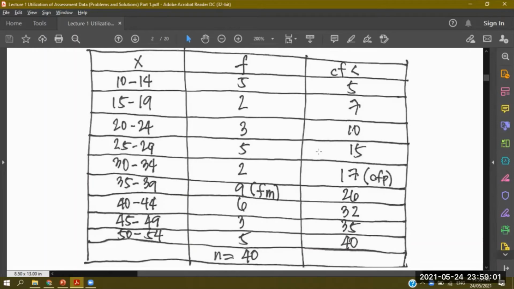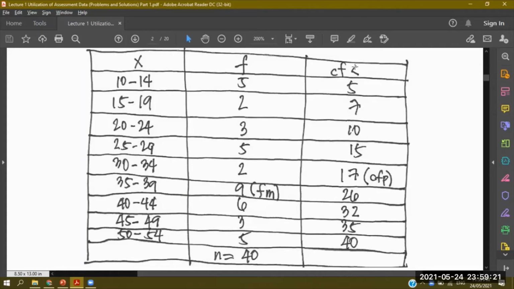Okay. So that is now our FDT. And then of course we have here the value of F. That is our frequency. So that is equivalent to 40. Kindly recheck the value, no? Baka may nagkamali. And then CF. Ito yung CF natin.